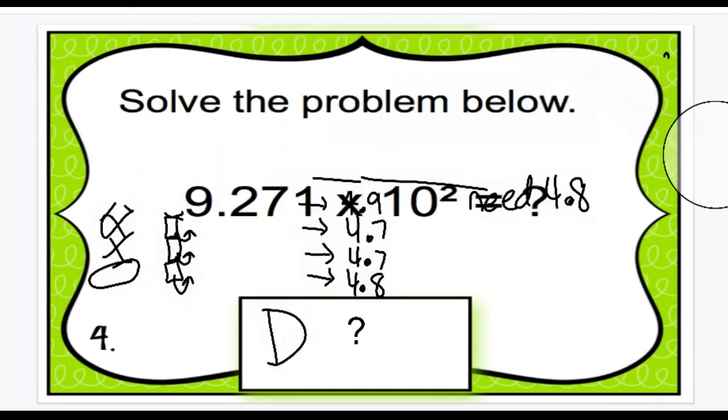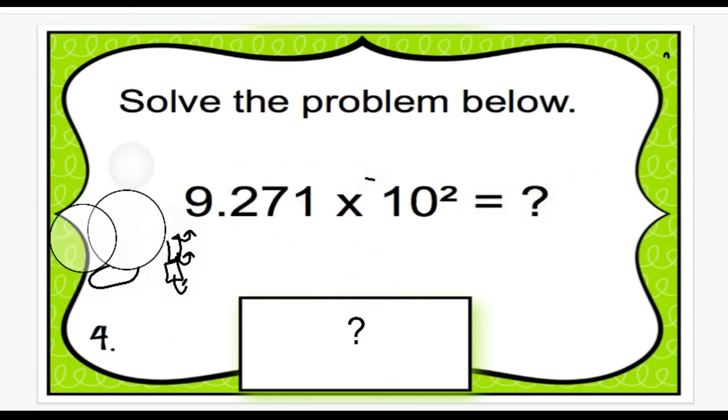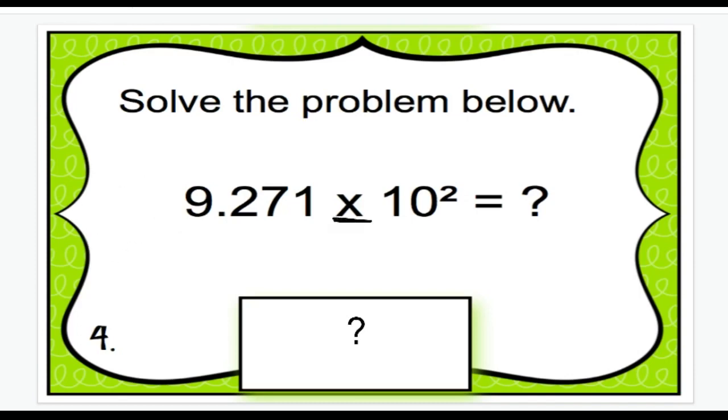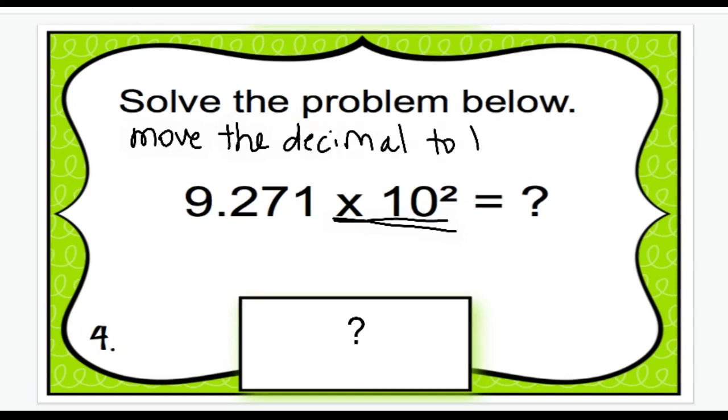So let's solve the problem here. Okay, next problem says, solve the problem below. Remember, when we are multiplying by a power of 10, we are going to move the decimal to the right. How many places to the right? We need to look at that exponent. The exponent tells us twice.